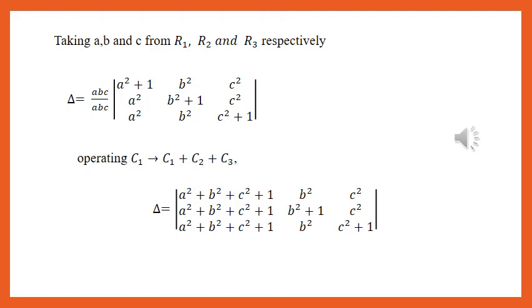We multiplied columns by a, b, c and we took common factors from R1, R2, R3. Or you may multiply R1 by a, R2 by b, R3 by c. Then you will have common factors from C1, C2, C3. Multiply rows, then you get common factors from columns. And the other way, multiply columns, then you will have common factors from rows.